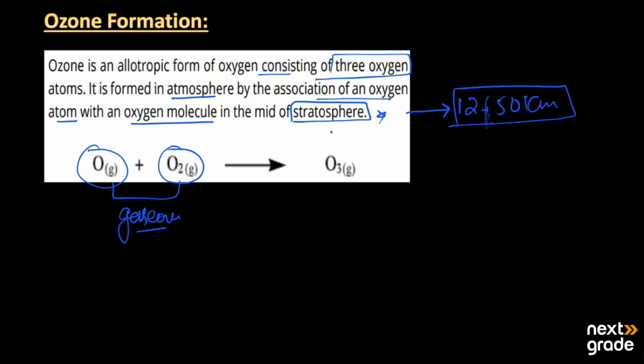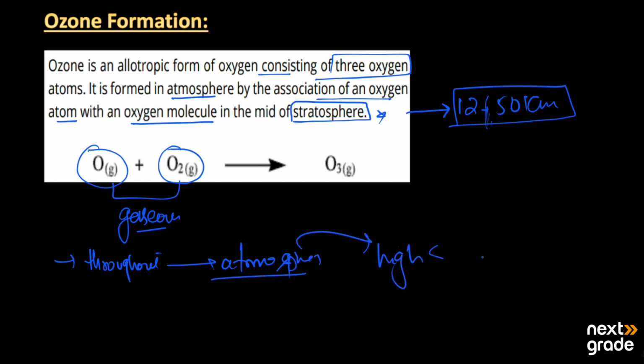Ozone is present throughout the atmosphere, but the place where its concentration is high is known as the ozone layer, and 90% of it is present in the stratosphere. So this was a simple formation of the ozone layer.